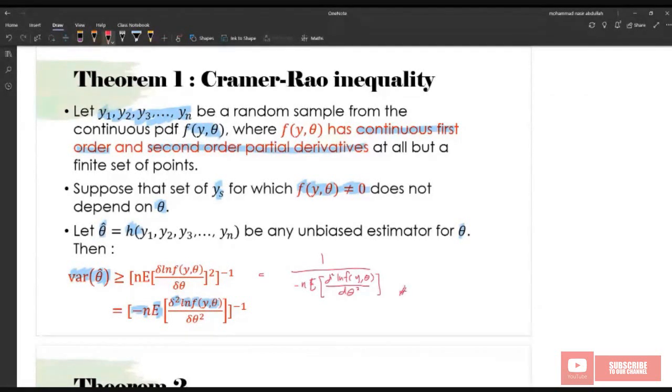This is going to be the function of the minimum variance unbiased estimator. This is what we call the Cramer-Rao lower bound.